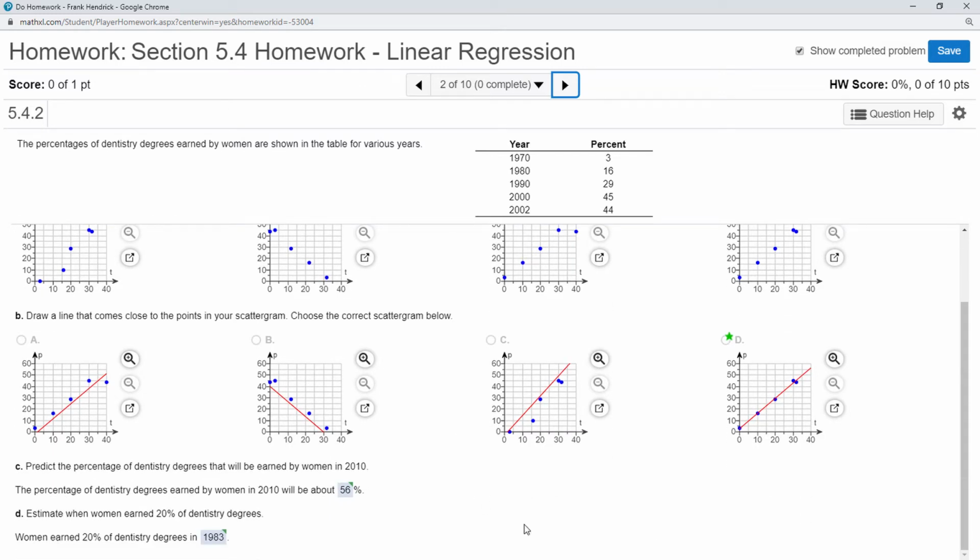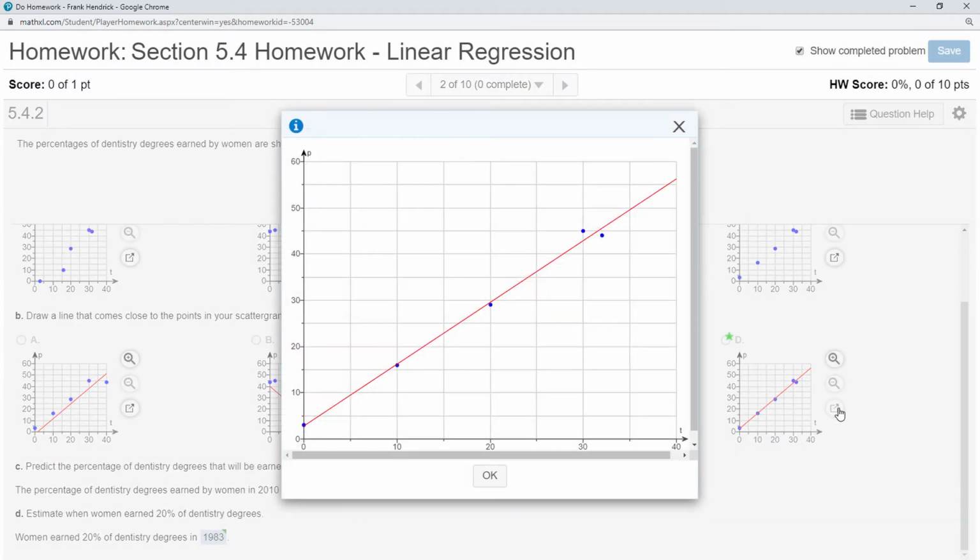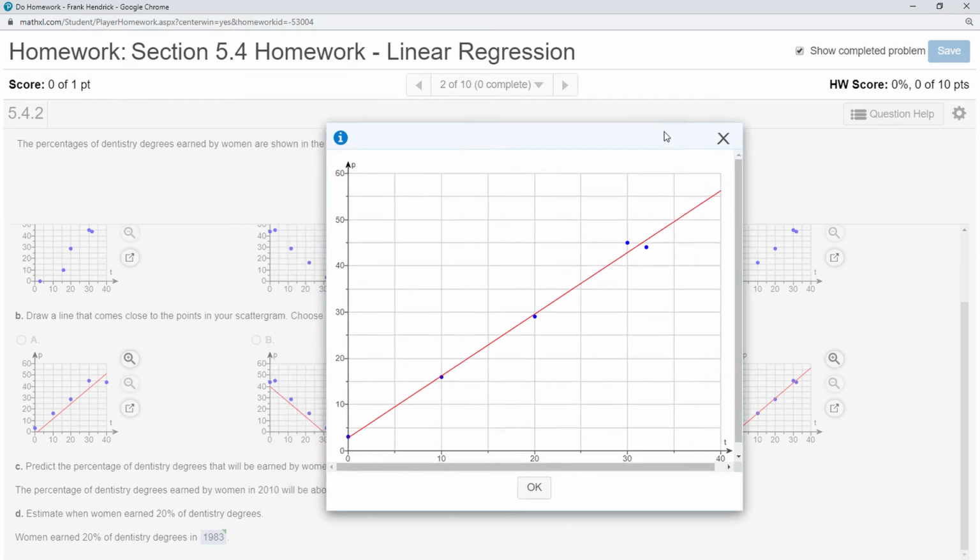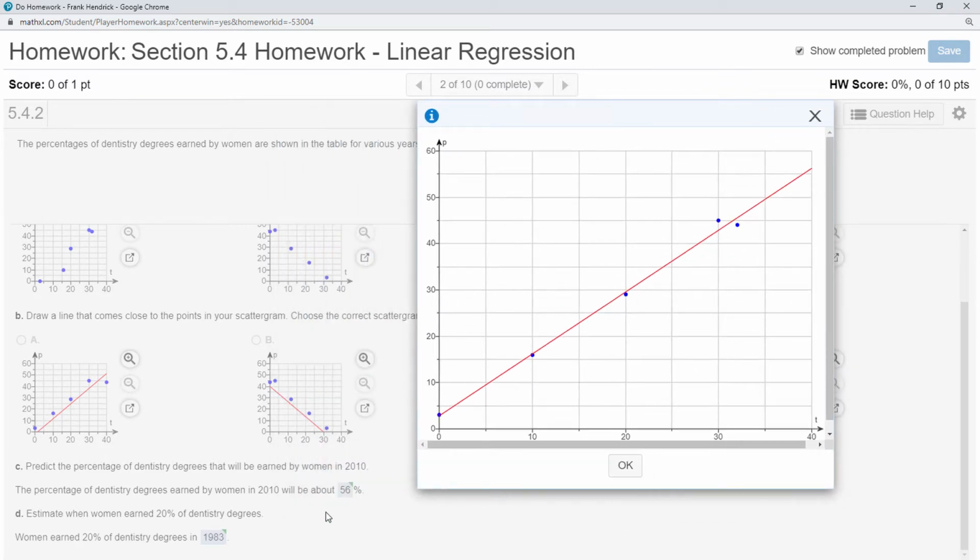In 2010, so that would be how many years? From 10, 20, 30, about 40 years. I have about 55, and they have 56 here.